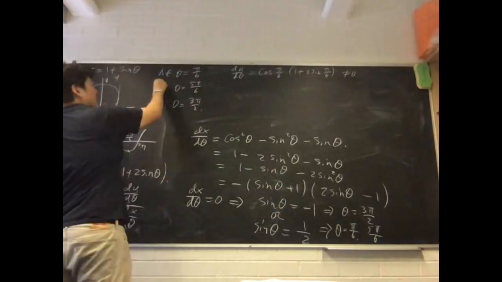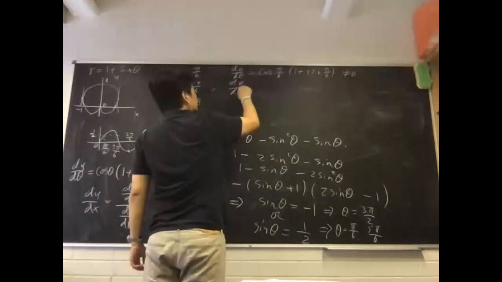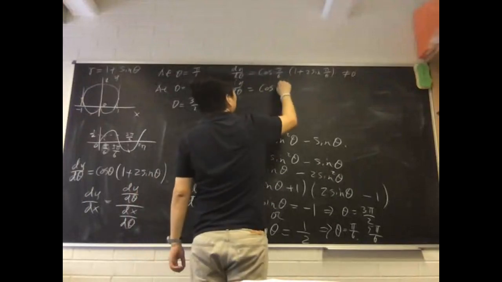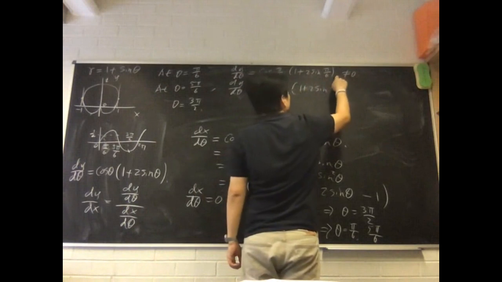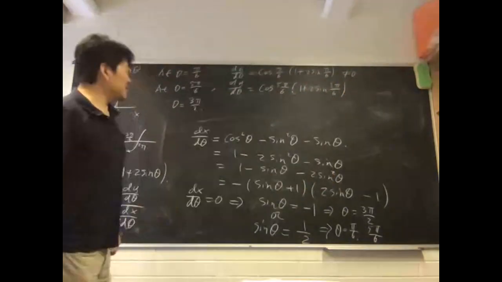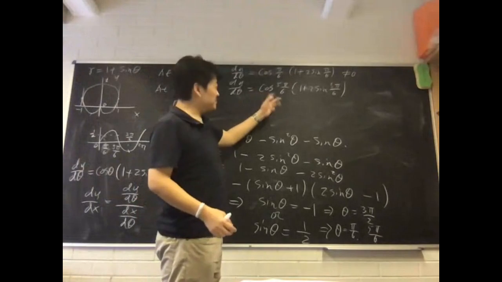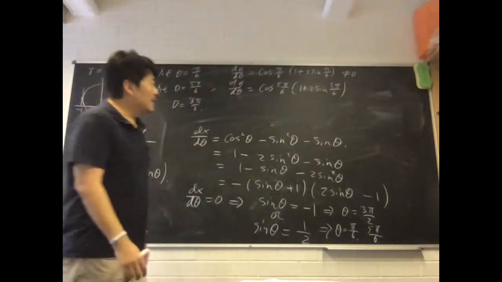And at 5 pi over 6, cosine 5 pi over 6 times 1 plus twice sine 5 pi over 6. Well, it's the same consideration. Cosine is not 0 there because cosine is 0 at half integer multiples of pi.